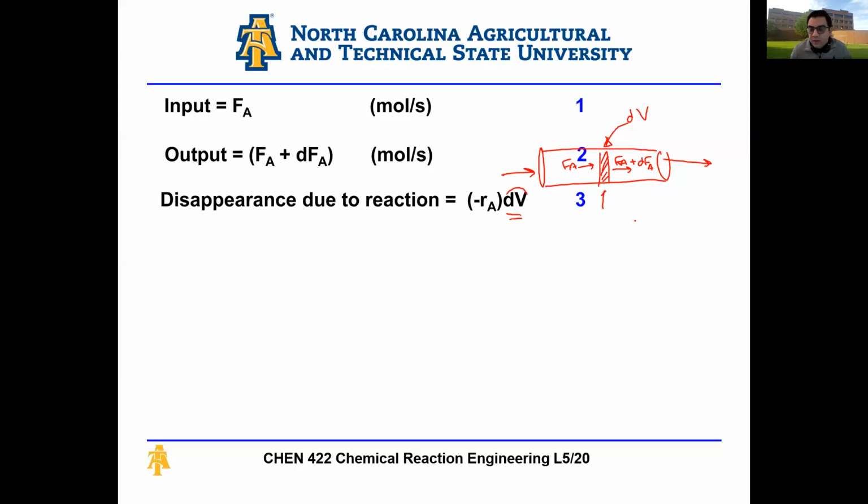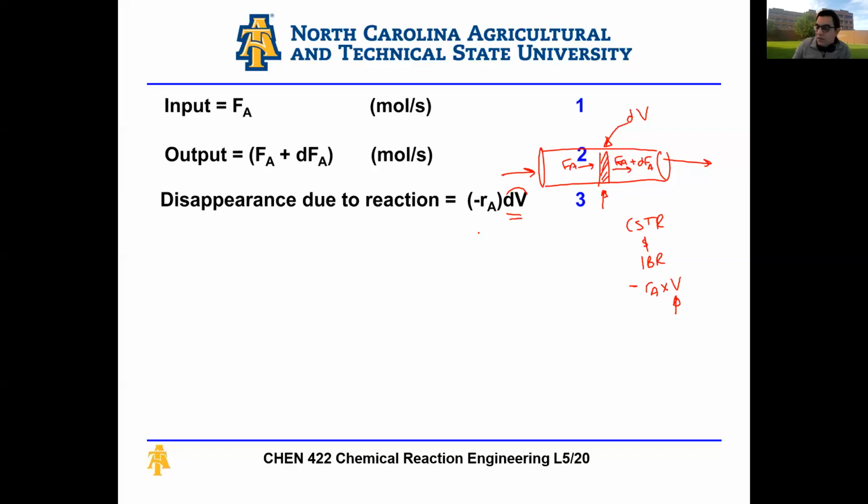Unlike the previous ones, for a CSTR and for a batch reactor, our disappearance was represented as minus rA multiplied by V. That was because we considered the entire volume of the reactor when writing our mass balance. Here, I'm only looking at a small differential element, so my disappearance will be minus rA dV.